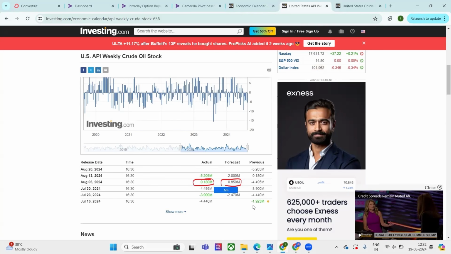When actual is there, you need to look at whether it is lesser or not. See guys, when forecast is there, that is more important for us. It is actually measuring compared to the previous week, but when forecast is there, look at that. It is 0.85, but what came was lesser than that, 0.18 only. So that is again bullish. Here minus 2 was the forecast and minus 5 came, which is again lesser. So that is bullish. I hope this is very clear.